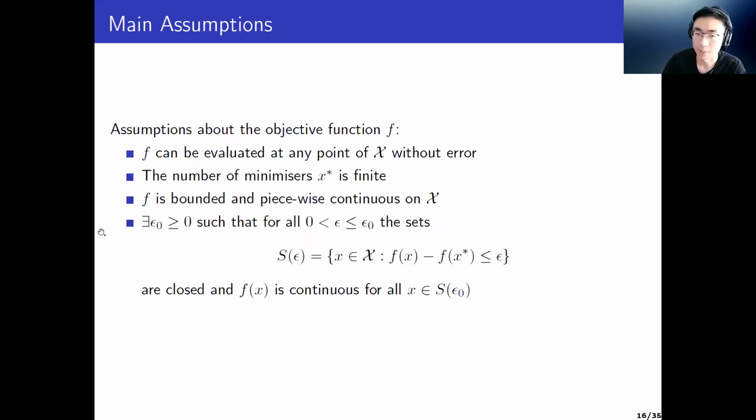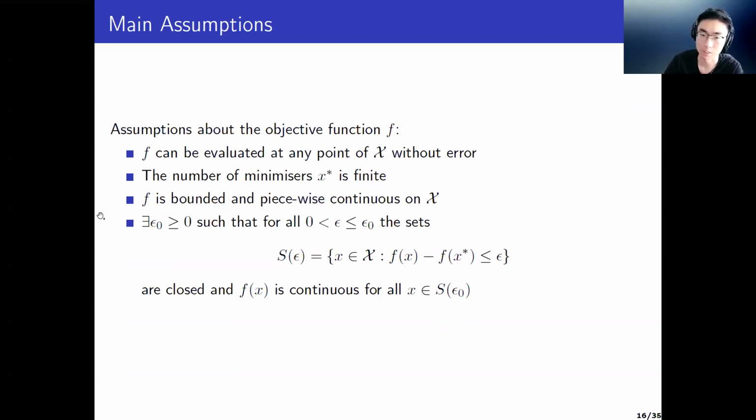And finally, there exists a positive epsilon 0 such that for all epsilon larger than 0 and less than or equal to epsilon 0, those level sets are closed, and the function f is continuous for all x in this level set. So this assumption ensures that the objective function is at least continuous around the global minimizer.